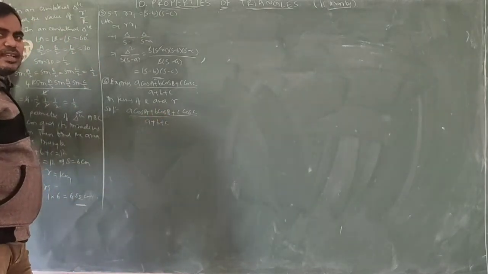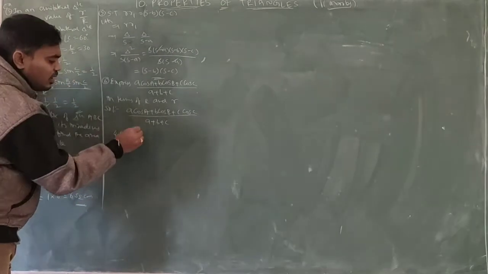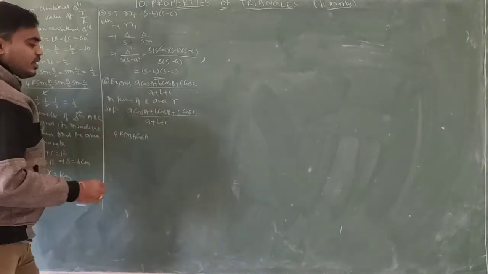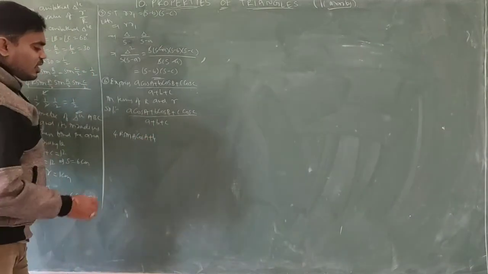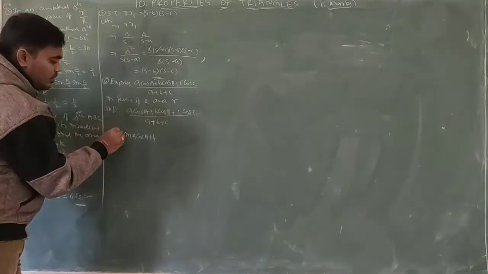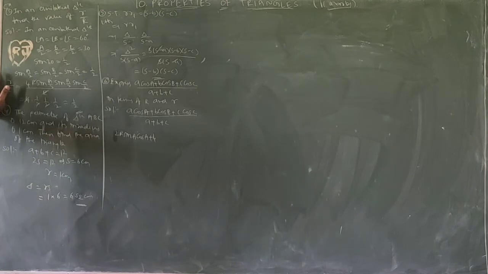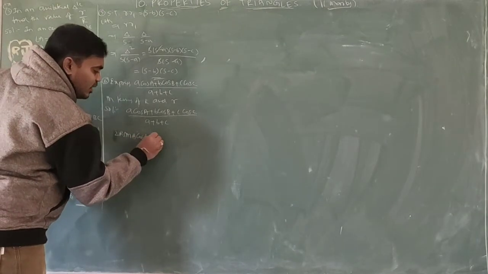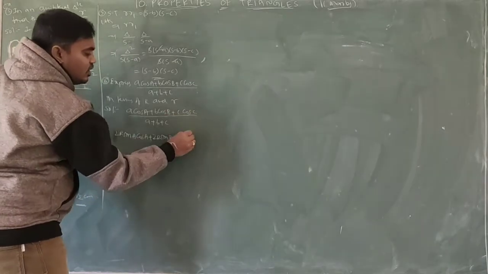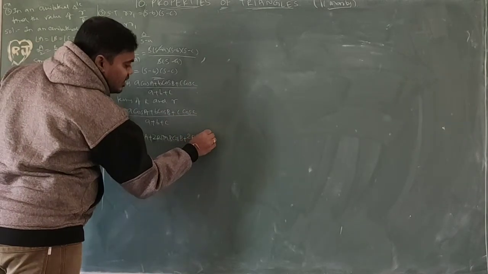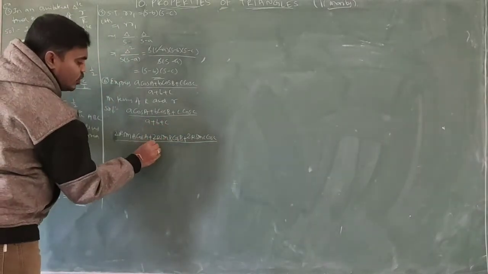Small a equals 2R sin A, small b equals 2R sin B, small c equals 2R sin C. And a plus b plus c equals 2s.